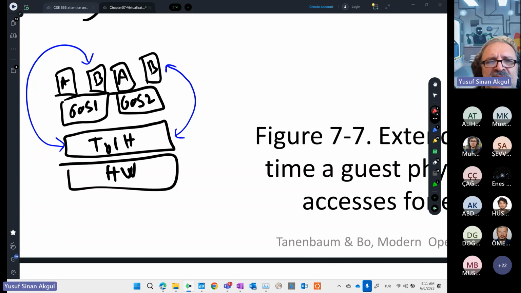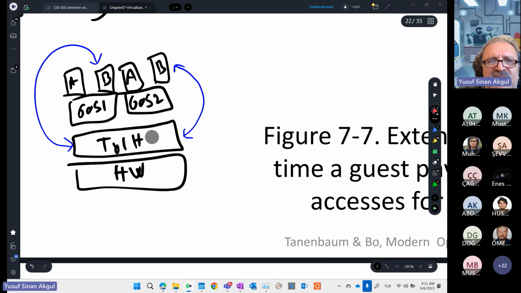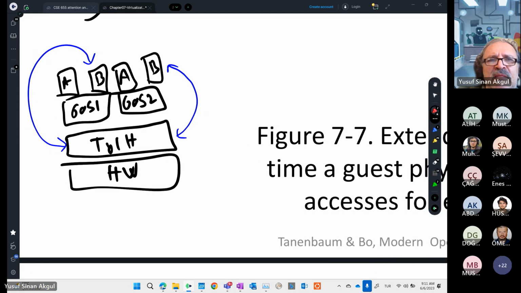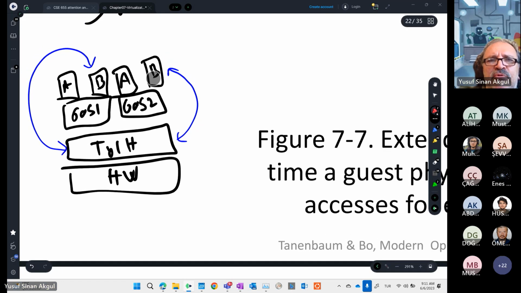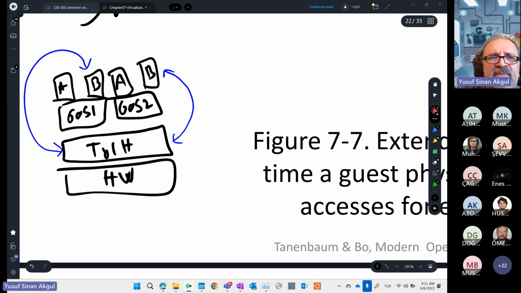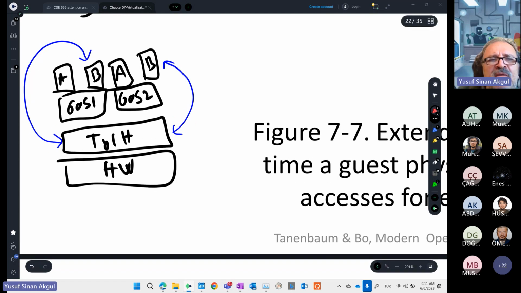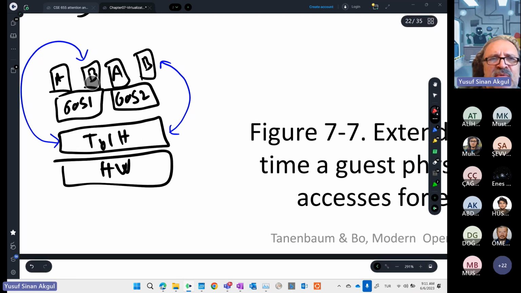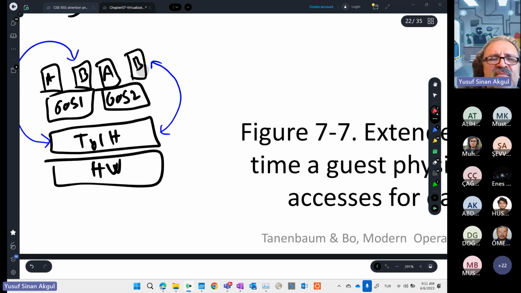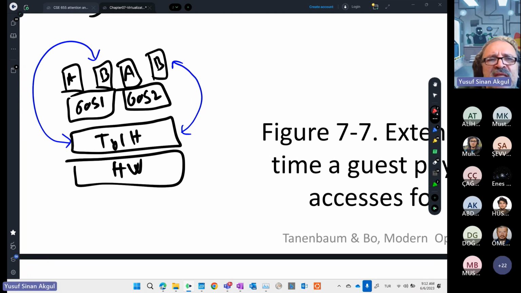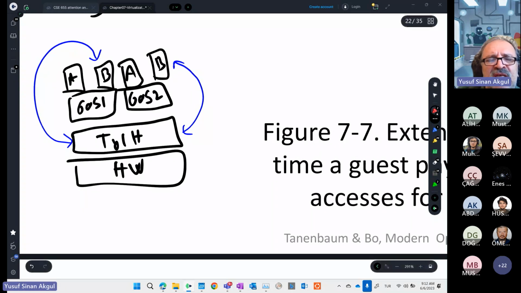And sometimes the type 1 hypervisor puts these kind of fake processes in the guest operating system, which don't do anything but just use memory. So the type 1 hypervisor adjusts the required memory for these processes, so that these two guest operating systems are using their fair share of memory.